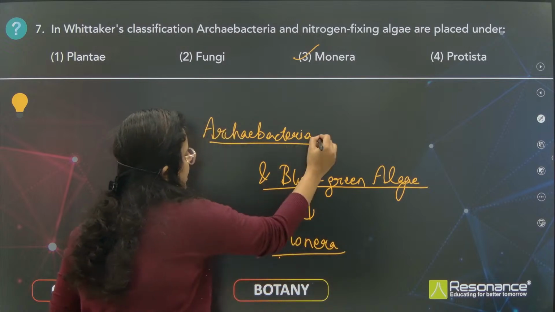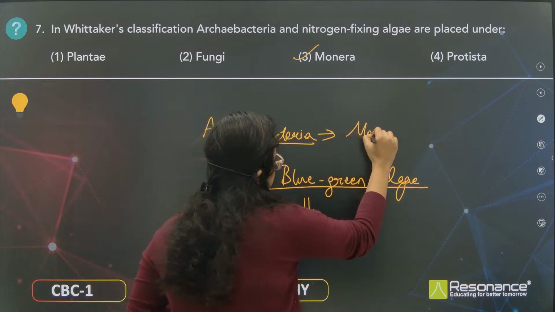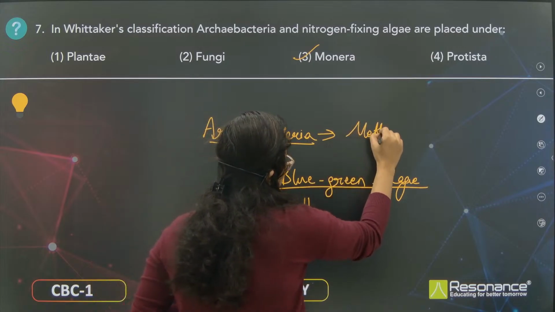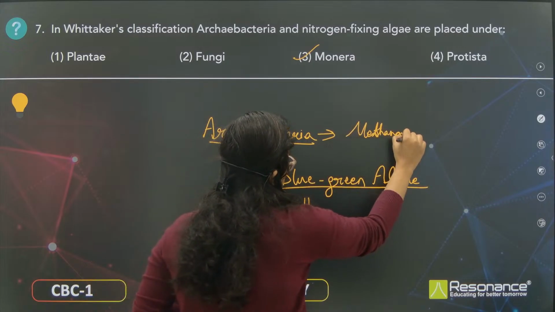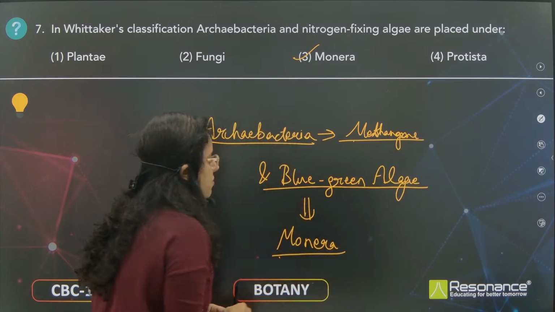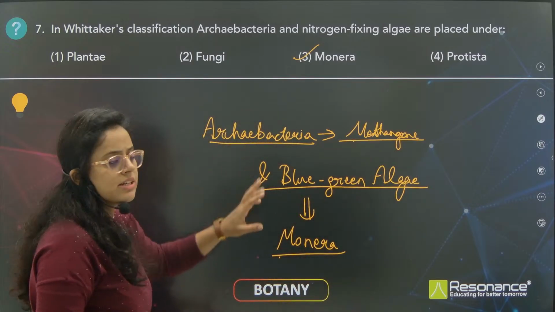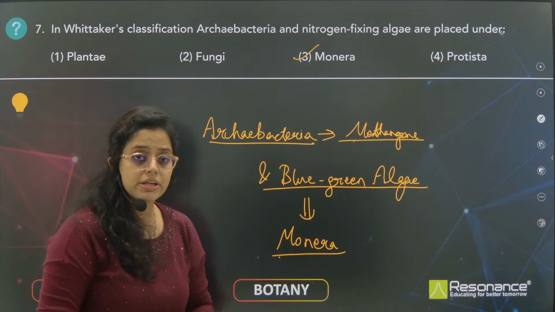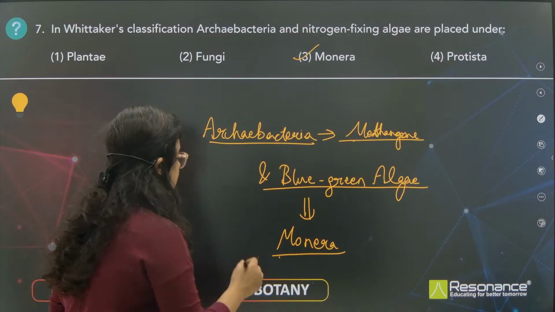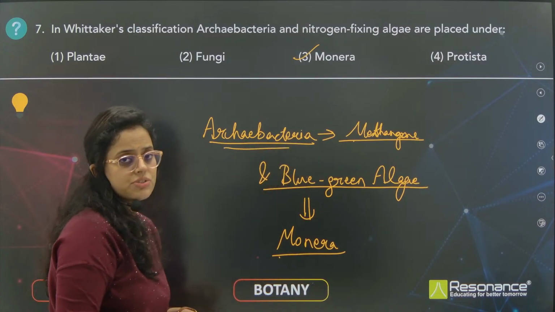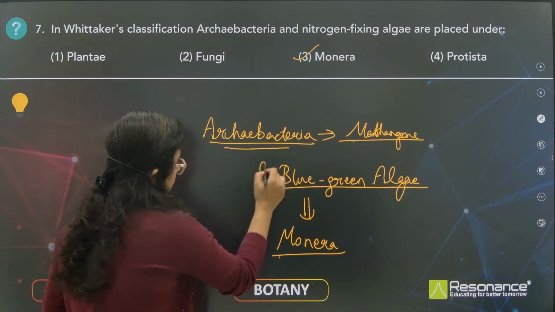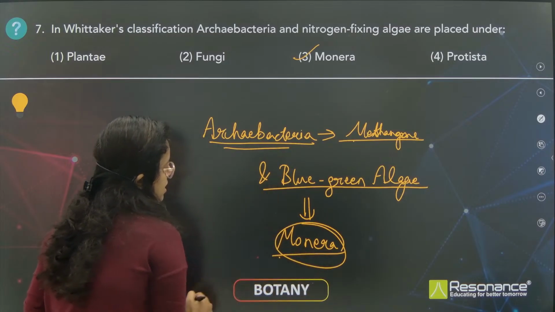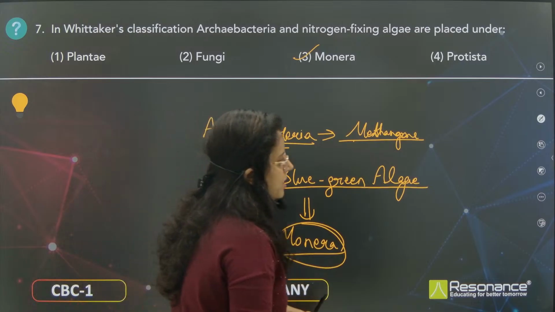If you take examples, methanogens and different types of thermoacidophiles are bacteria which can tolerate different harsh conditions of the environment. These were placed under Monera. So the answer is going to be Monera.